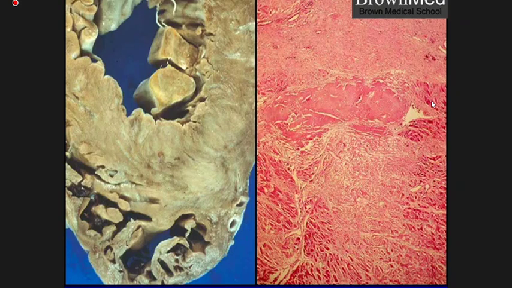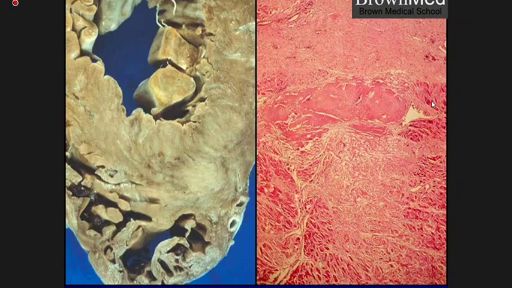Okay. So this is the heart. If you can appreciate in the gross cut surface, the pale area, the heart is enlarged. In the cross section you can see the amyloid.